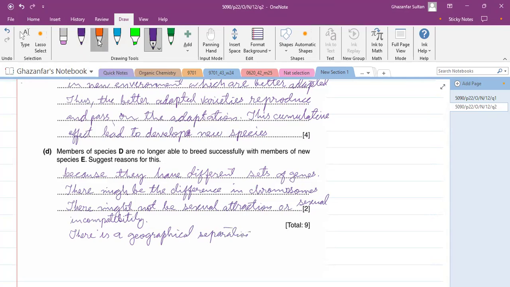So I have written here 4 points: 1, 2, 3, 4. 1 and 2 are similar, so you can write either of these. And although 3 and 4 are different, as there are only 2 marks, you can write any one of them. So that was question number 2.